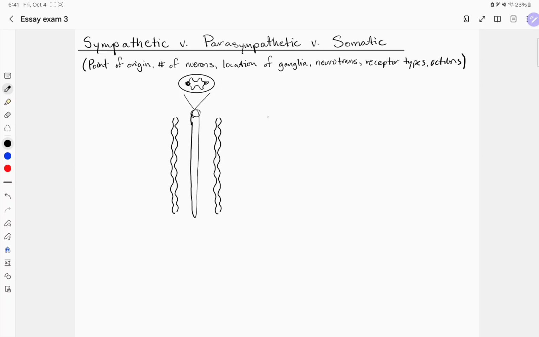And then I'm going to just draw some lungs here. And I'm going to put a heart right here. And I'm going to put a liver right here. Put a stomach. And we'll throw a kidney in right here.